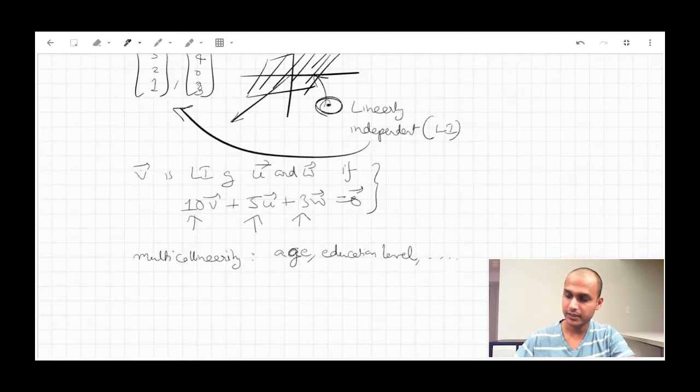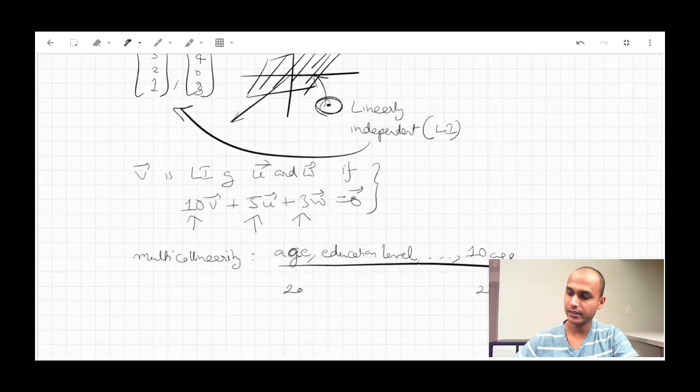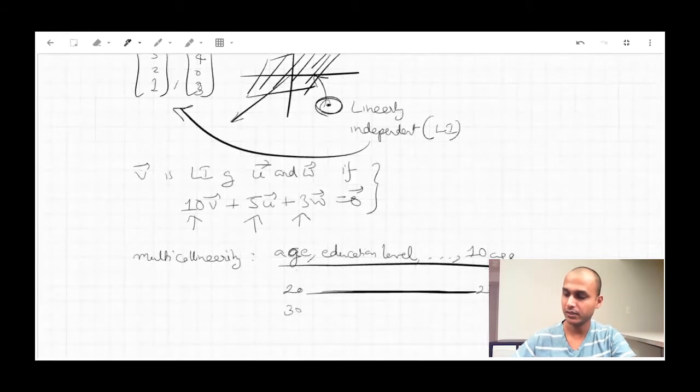What if there was another feature, down the line, maybe the 100th feature, which was also 10 times age? Somehow you just happen to include that. Then age and 10 times age, if you look at your data, think of this as the names of the columns, and then there'll be a bunch of data like 20 years old, and here it'll be 200 for one entry in the data set, and maybe somebody's 30 years old, and maybe here it's 300.